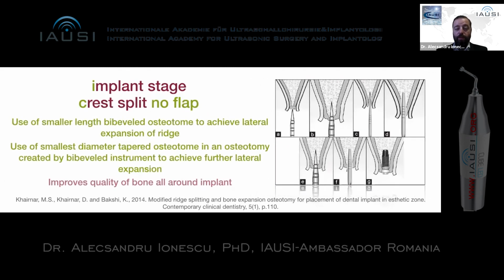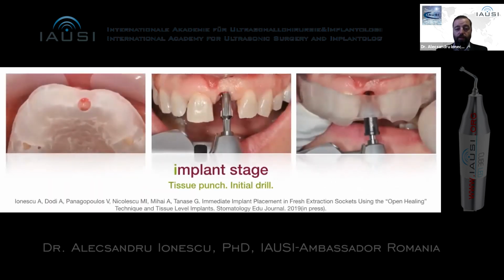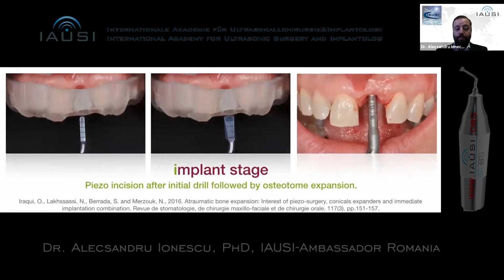So what we tried to do was to mix the digital approach with our flapless bone spreading, bone splitting with Piezotome-Surgery. And we used the guide for the initial drill. Then we used, through the guide, the full sequence of the Piezotome-Surgery to enlarge the bone as much as possible.